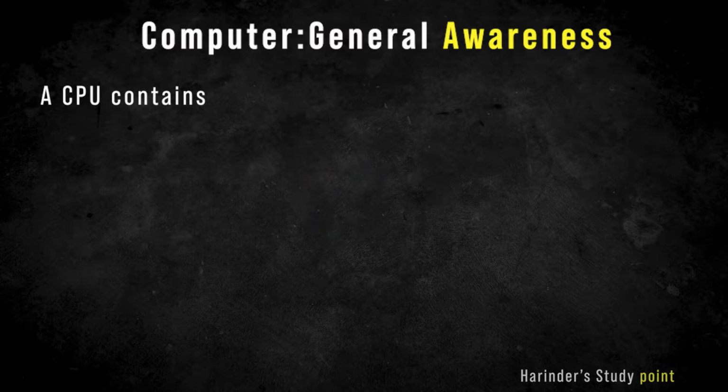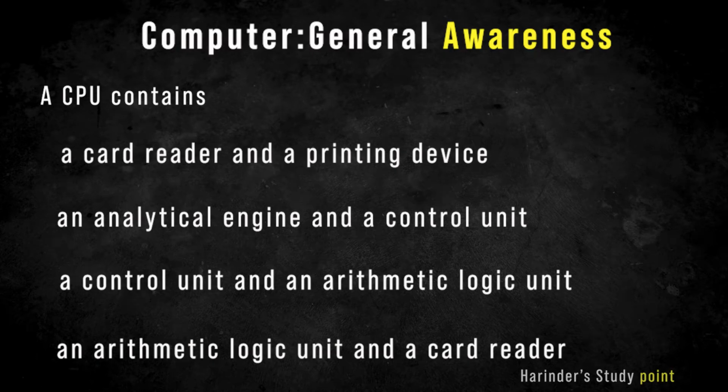A CPU contains a card reader and a printing device, an analytical engine and a control unit, a control unit and an arithmetic logic unit, an arithmetic logic unit and a card reader. Correct answer is a control unit and an arithmetic logic unit.